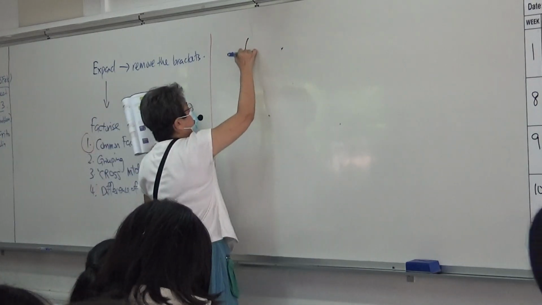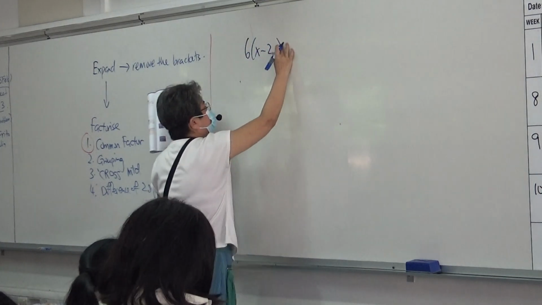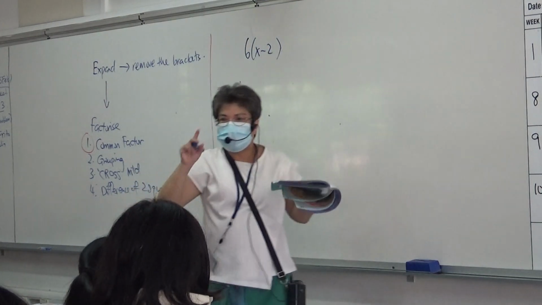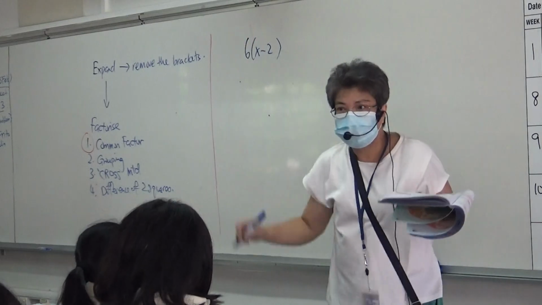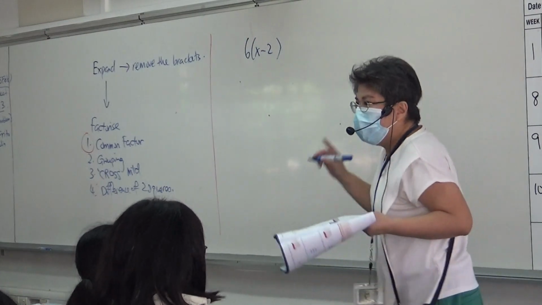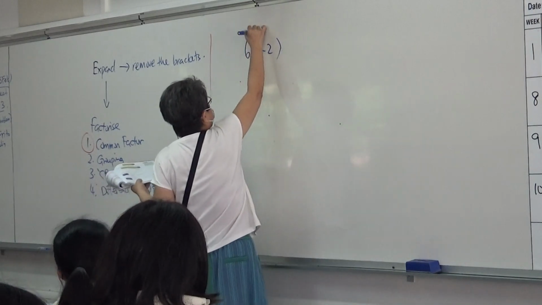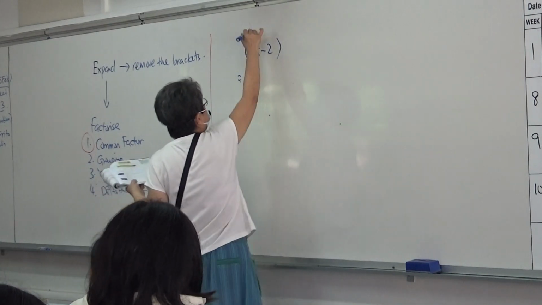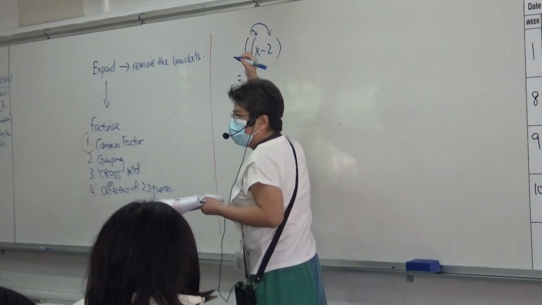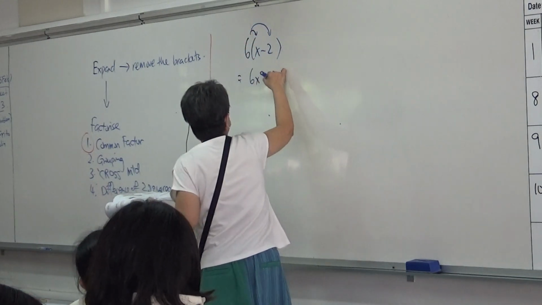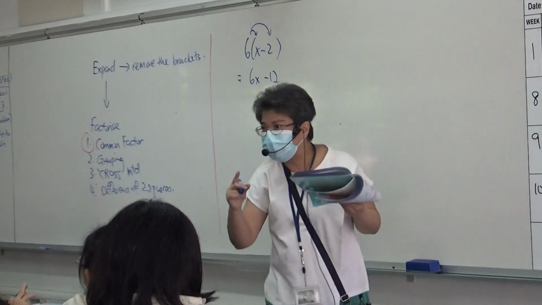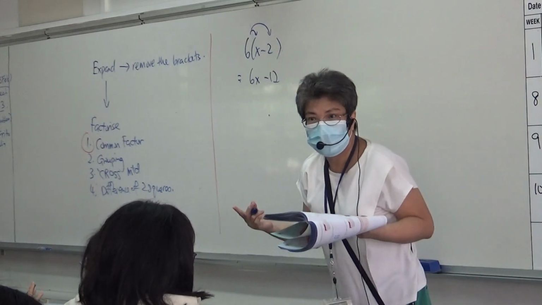Now, if I have 6x minus 2, the 6 will belong to the whole bracket. Agree? We have to distribute it. All of you listen. 6 times x is what? 6x. 6 times minus 2. Minus 12. Then we have expanded.